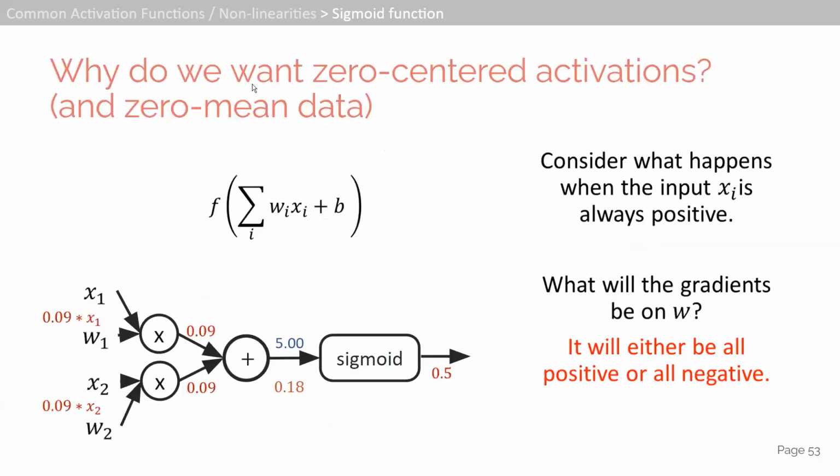That is the issue. So why do we want zero-centered activations and zero-mean data? What will be the gradients? They will either be all positive or all negative if the input that you have is always positive. So what are the implications of that?